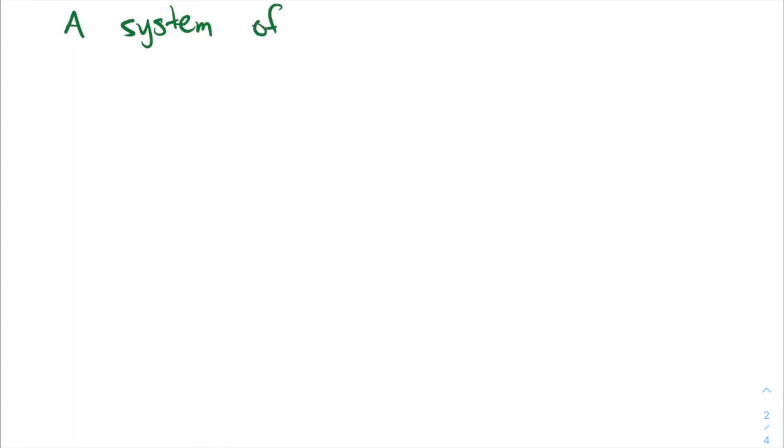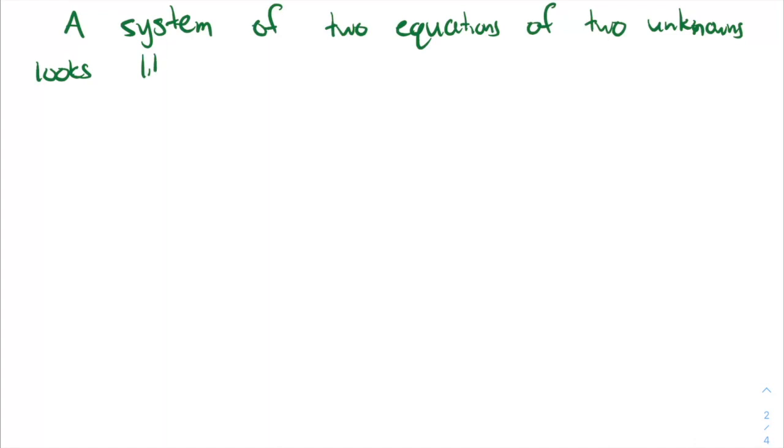A system of two equations of two unknowns has the following form, in complete generality, where A, B, C, D, E, and F are numbers, and they're not necessarily all different.